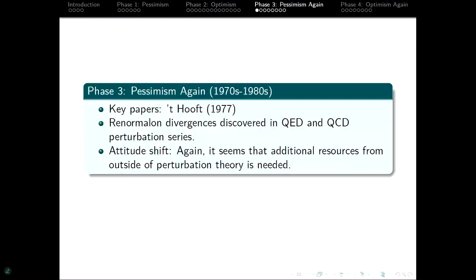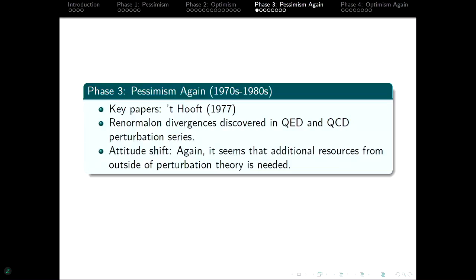The problem again comes when people return to QFT. So as I said, in the 60s and 70s, a lot of this work was done on quantum mechanics toy models, which could be solved by other methods, and there were other ways of understanding those models.